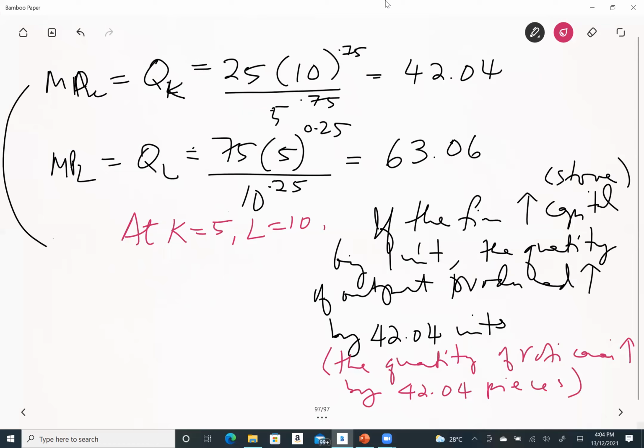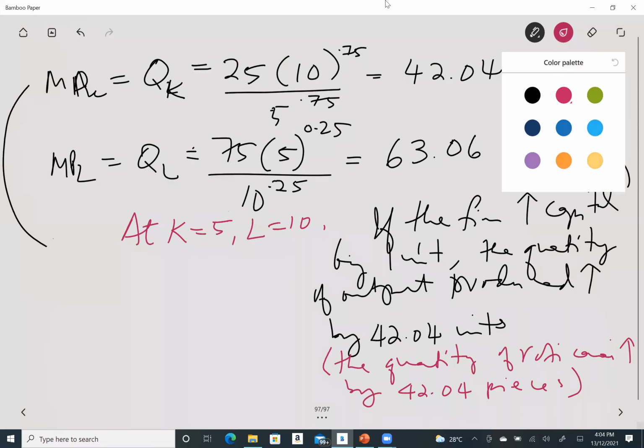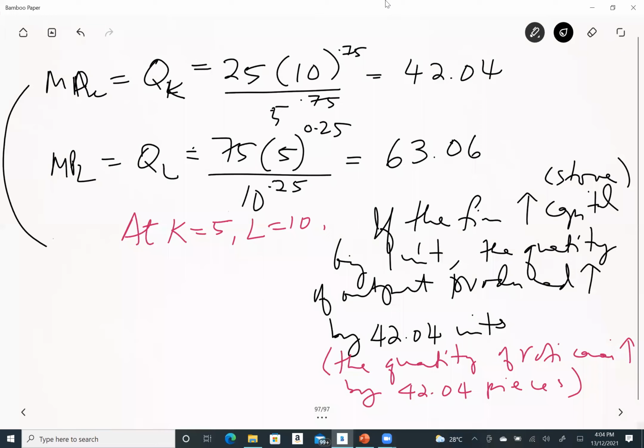The amount will increase by 42 pieces. Now for a partial derivative, one variable will be constant. Here, capital changes, so what is the input that you keep constant? Labor. So I add here, keeping the other variable constant, keeping labor constant.